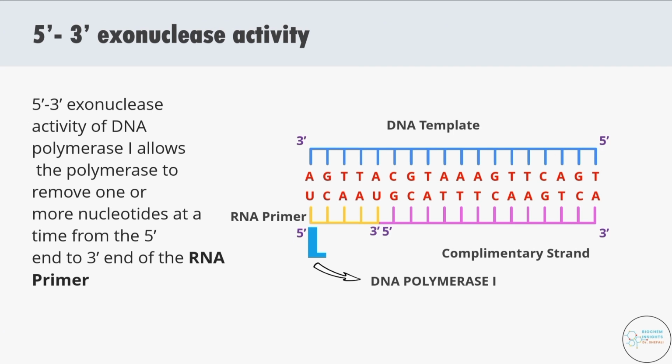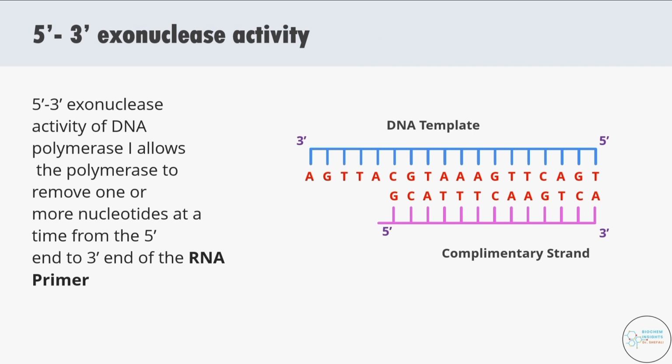As you can see, the 5' 3' exonuclease activity of DNA polymerase 1 allows it to remove one or more nucleotides at a time from the 5' end to the 3' end of the RNA primer. So we can say that 5' 3' exonuclease activity of DNA polymerase 1 is nothing but removal of primer.